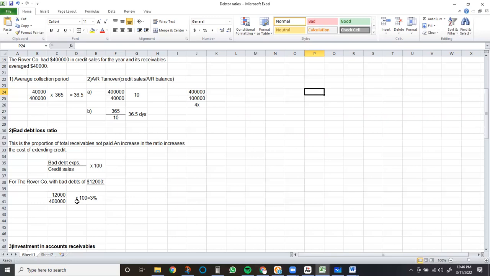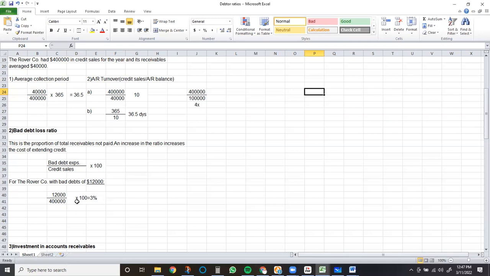Now that may be so, but you need to understand the reason why the bad debt went up. The existing customers may not be the ones responsible for pushing that bad debt loss ratio up to 6%. Because our existing customers, they take advantage of any discount offered to them, and they pay.